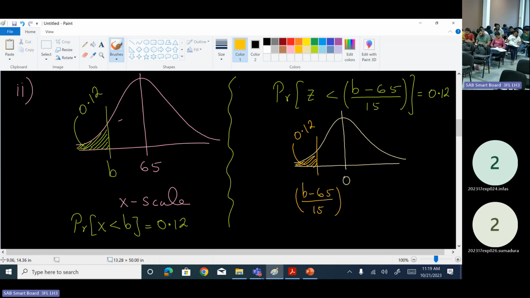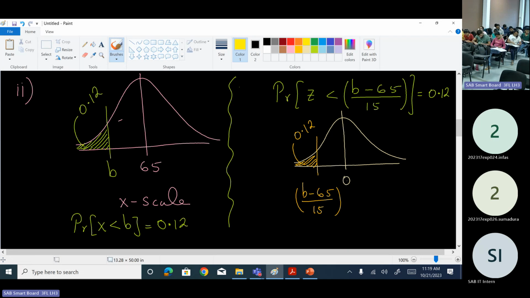If this is 0.12, this part would be 0.3800.